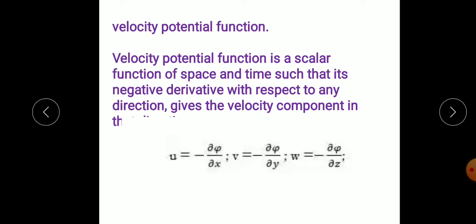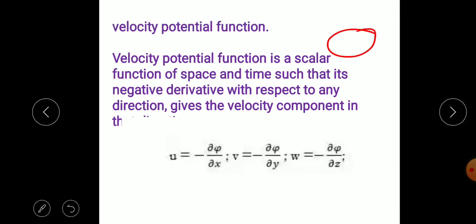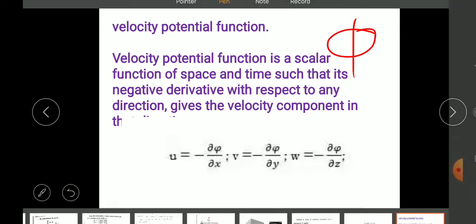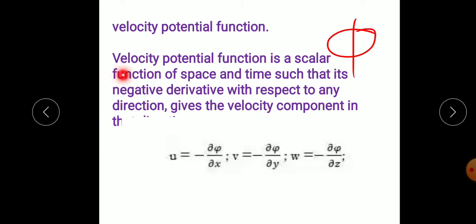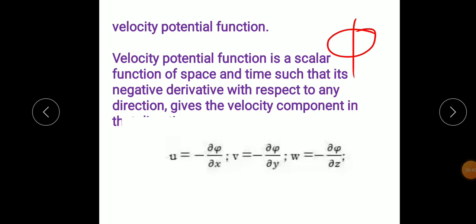Next, we consider the velocity potential function, denoted by phi. It is a scalar function of space and time such that its negative derivative with respect to any direction gives the velocity component in that direction.